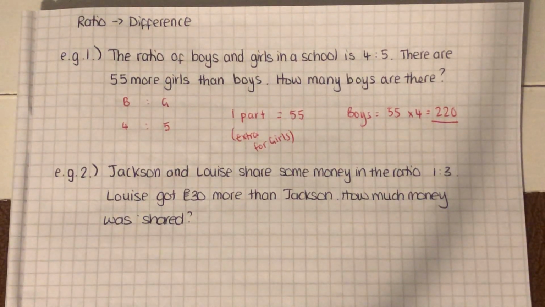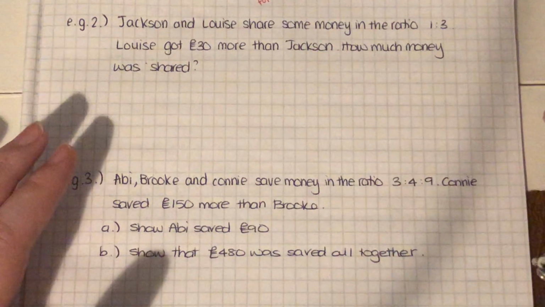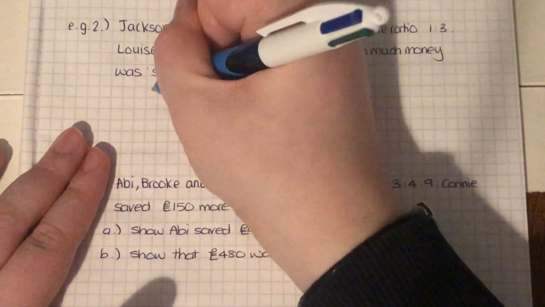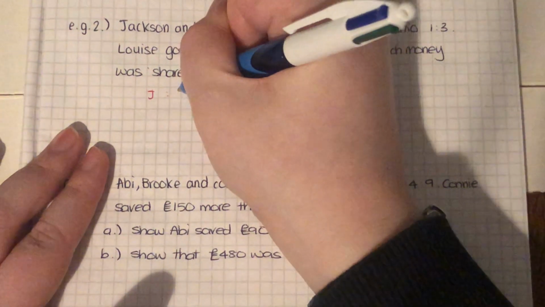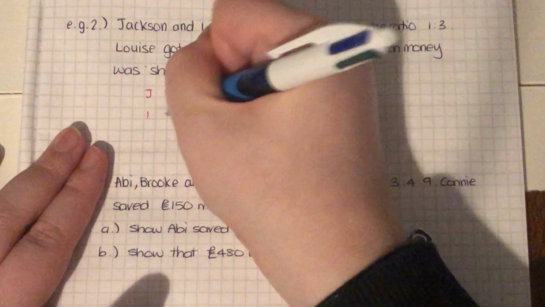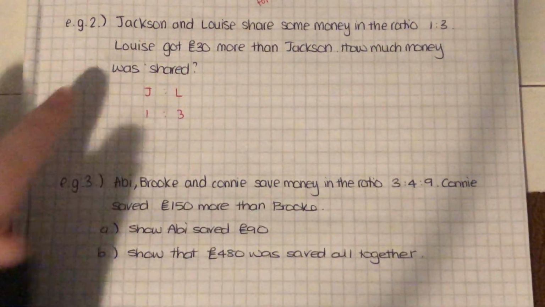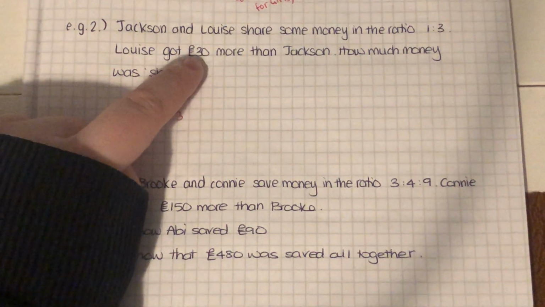Okay, so for EG2, just slightly harder. So again, I'm going to just write out the ratios with the names. So we've got Jackson and we've got Louise, okay, and they're in the ratio of 1:3. Now we're told Louise gets £30 more than Jackson.